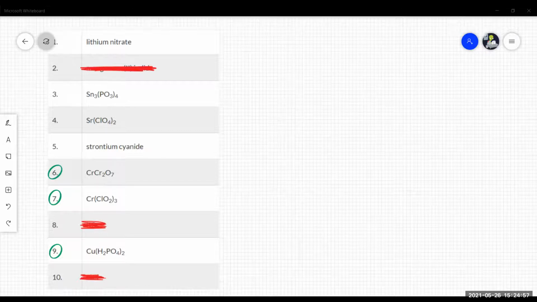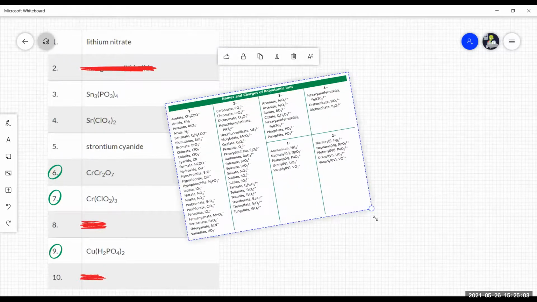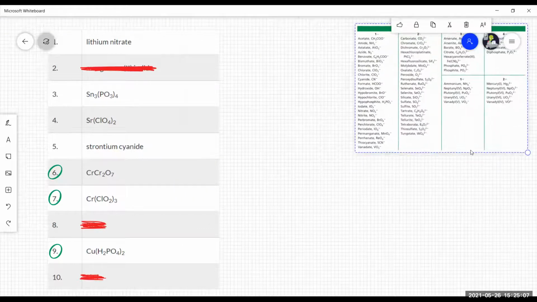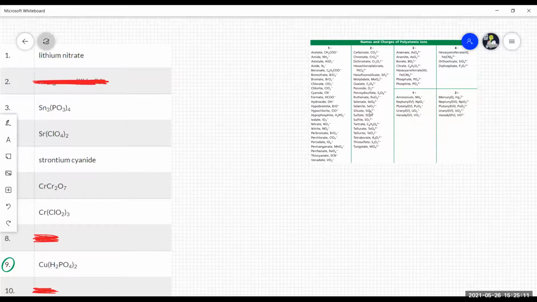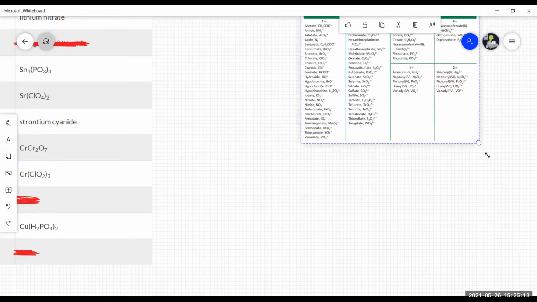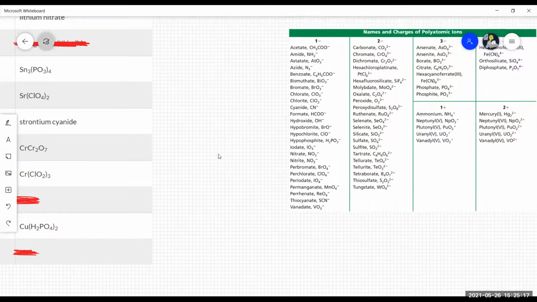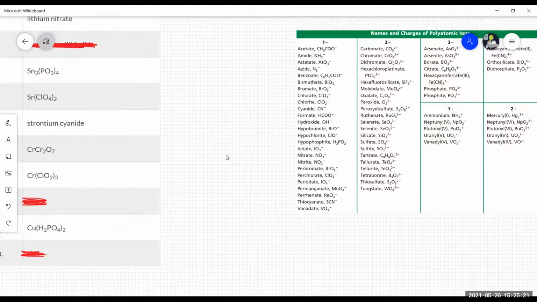Okay, I'm going to copy and paste the table that I think I'm going to use the most over here. I don't know if you can see the table. I'm going to try to make it bigger. Okay, I think that's nice.